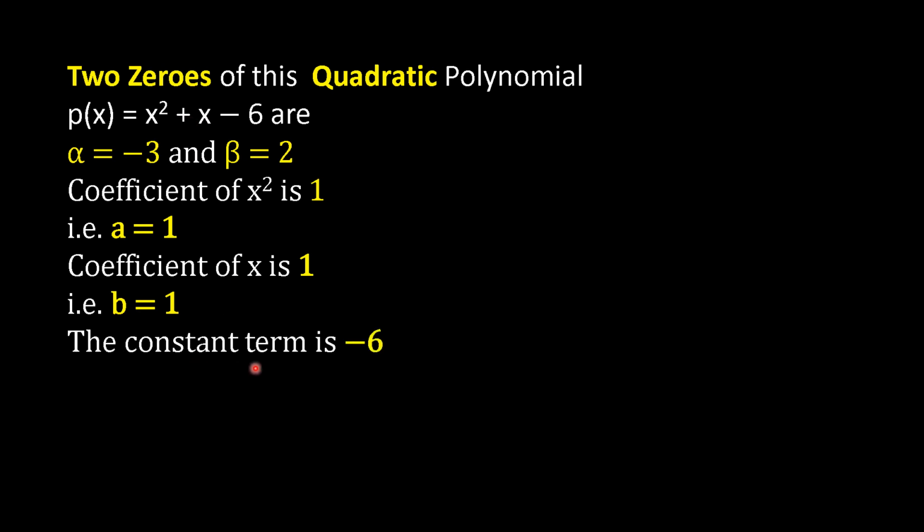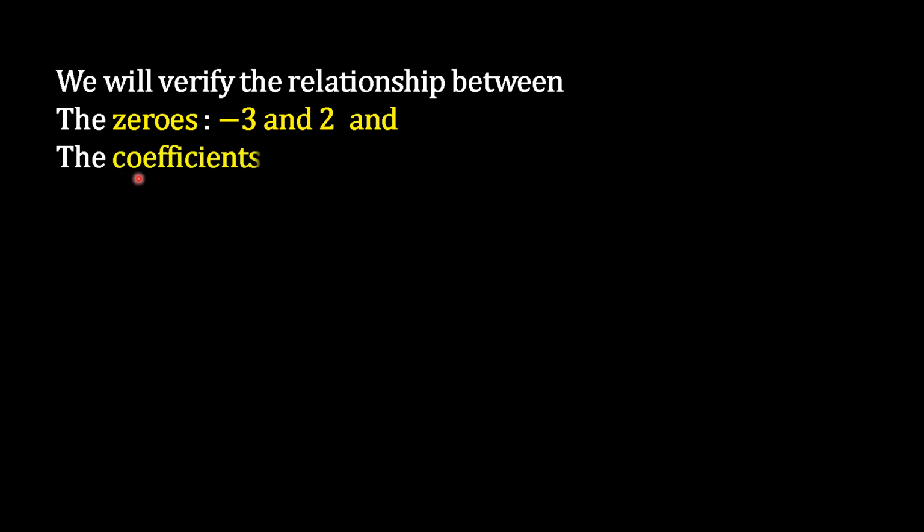The constant term is -6, that is c = -6. We will verify the relationship between the zeros -3 and 2 and the coefficients 1, 1, -6.